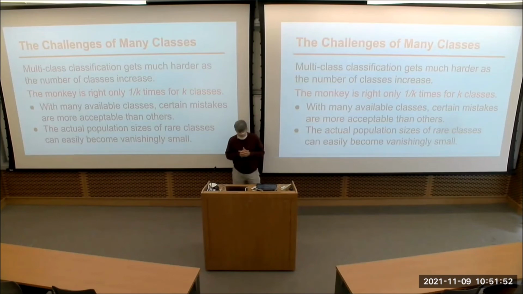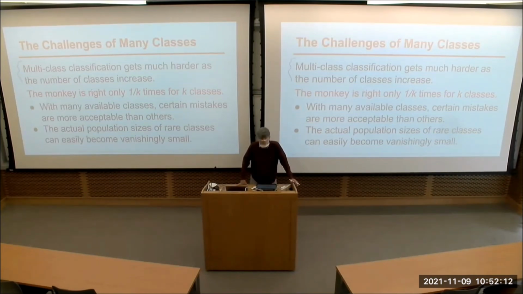So the good thing about using the one versus all classifier is that we can generalize logistic regression to multiple classes. The bad thing about it is that multi-class classification is a much harder problem. The more classes you have, the harder it is to get the right class, okay?